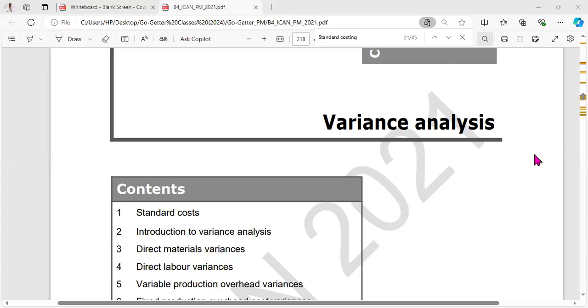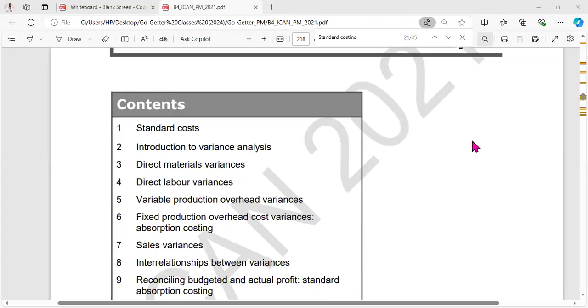Today, we are taking the first of the series of variance analysis. So, variance analysis is our focus for today. Now, we're going to be looking at standard costs, then we'll dive into introduction to variance analysis.